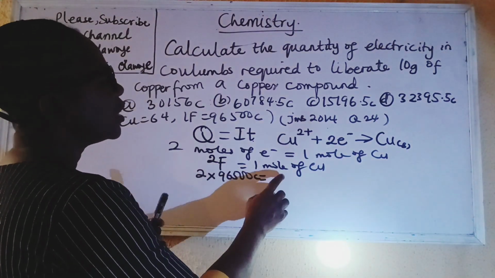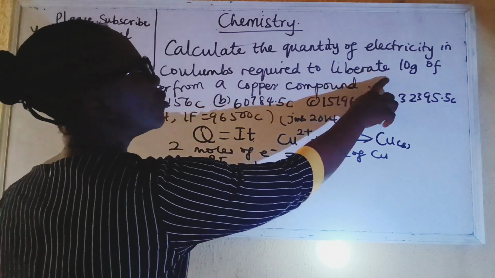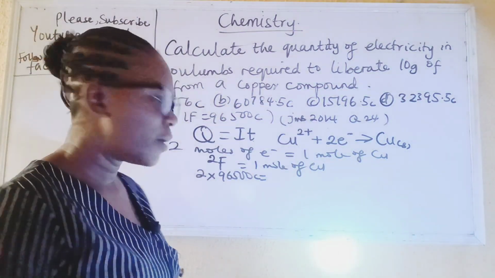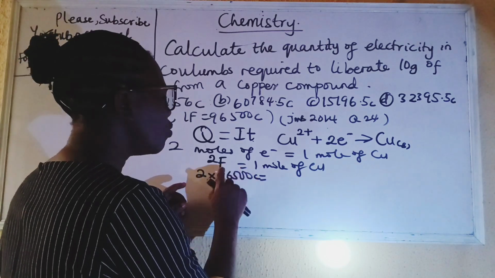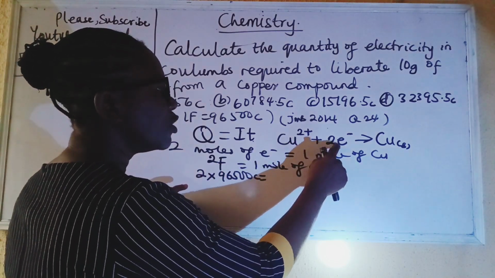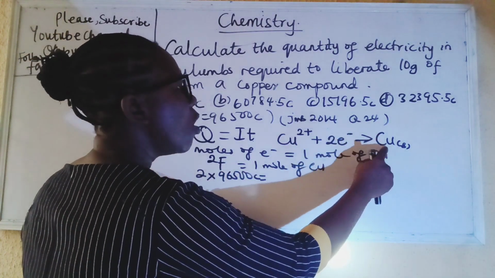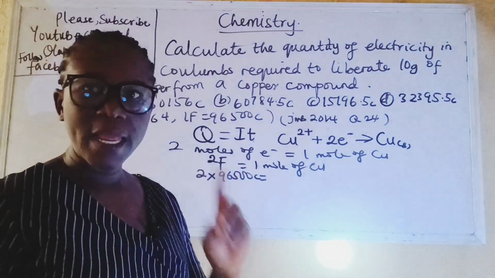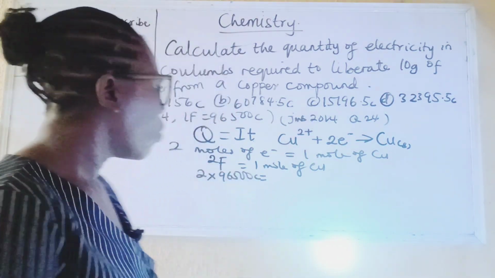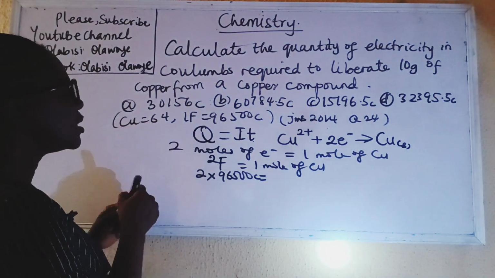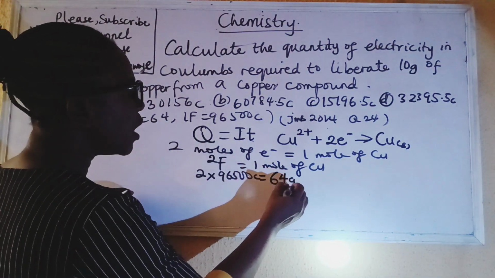Now, it discharges 1 mole of copper. From the question, we are talking about mass, which is in gram. So from this half reaction, we get this first line: 2 Faradays, that's from these 2 electrons, equals 1 mole of copper. 1 mole of an element is known to be its atomic mass or molar mass. So 1 mole of copper in gram is 64. 64 gram is the molar mass of copper.